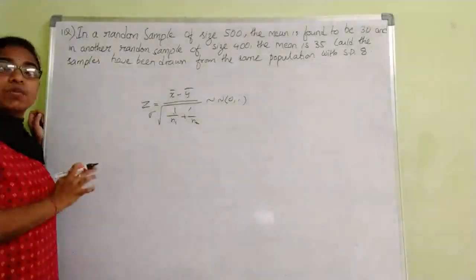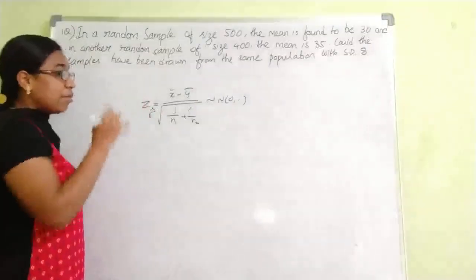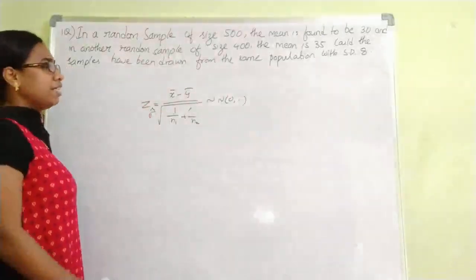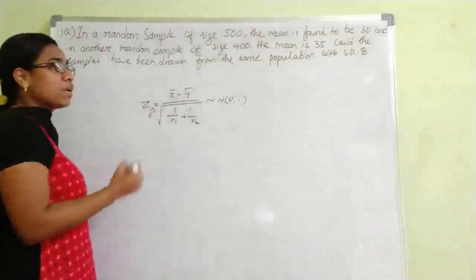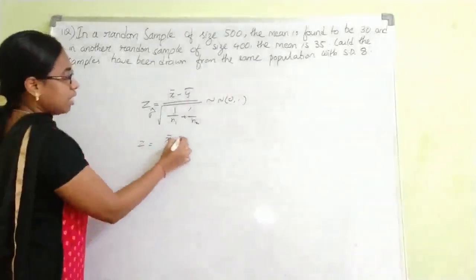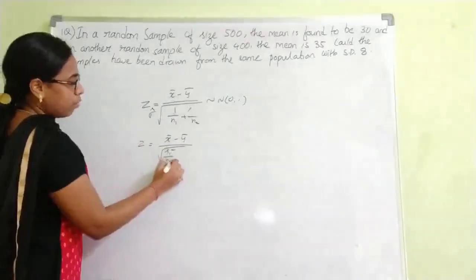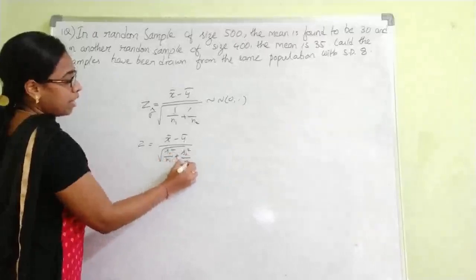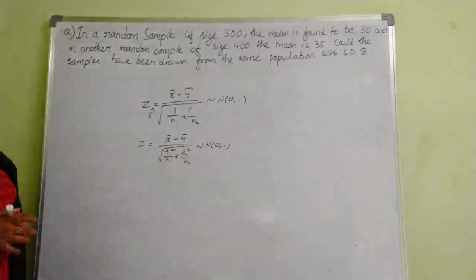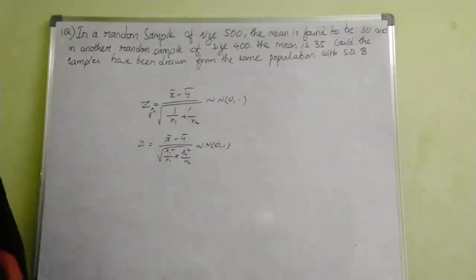Similarly, if sigma 1 square and sigma 2 square are both equal and unknown, then we estimate the sigma value using the sample values. And if both sigma 1 square and sigma 2 square are unknown, then the test statistic is given as x bar minus y bar divided by the square root of s1 square by n1 plus s2 square by n2, which follows the normal distribution with 0, 1, where s1 square and s2 square are the sample variances.